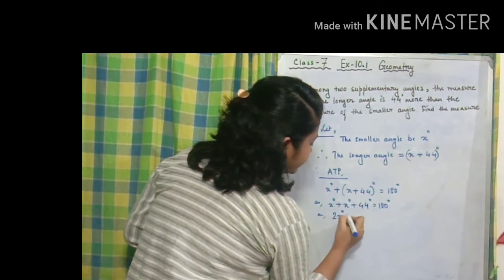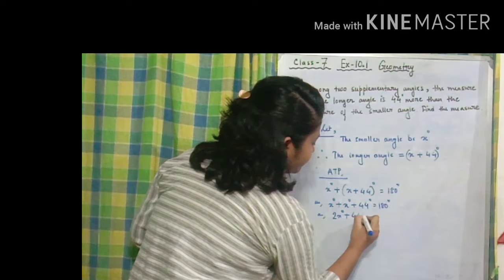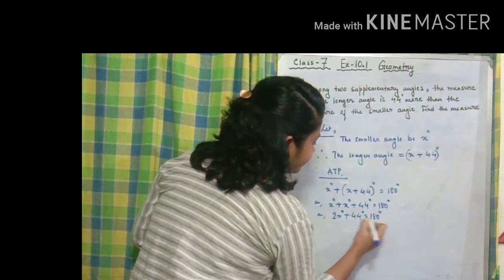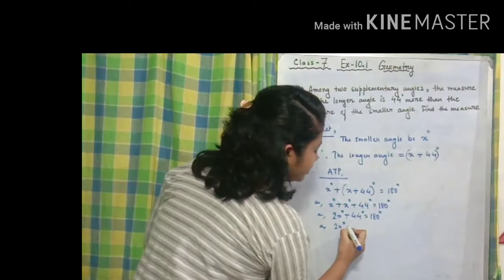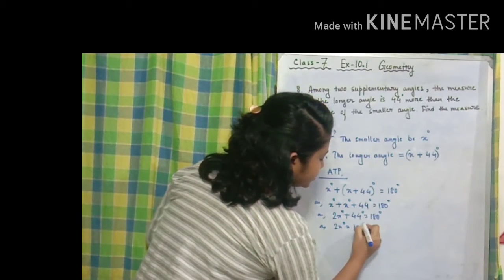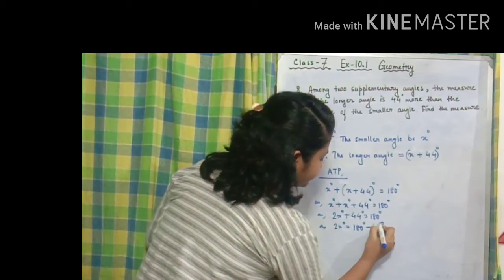So x plus x gives 2x plus 44 degree equals 180 degree. Now 2x equals 180 minus 44, we are taking it across the equal to sign.